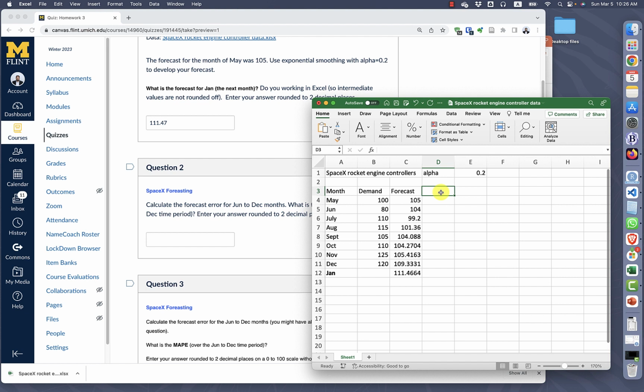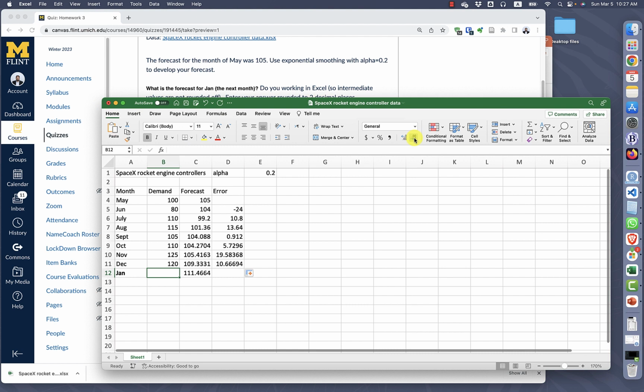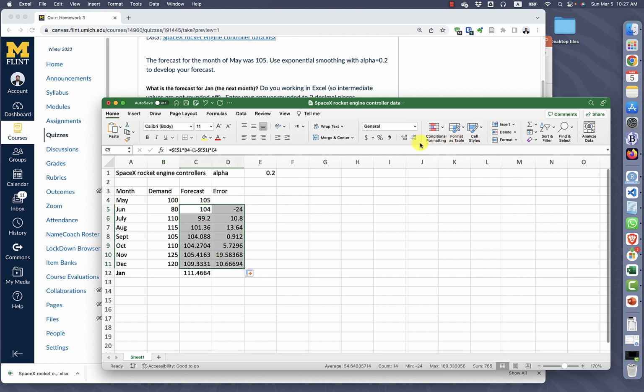So the forecast error is always the actual value minus the forecast. It could be positive or negative. You don't want to calculate the error here because we don't know the demand for January, so we don't calculate the error for this month because we don't have the actual demand. Now, we do want to take the absolute value of the error so we don't get negative values.